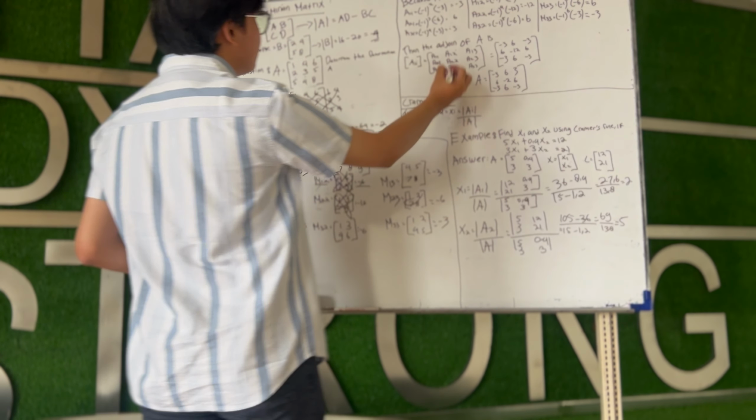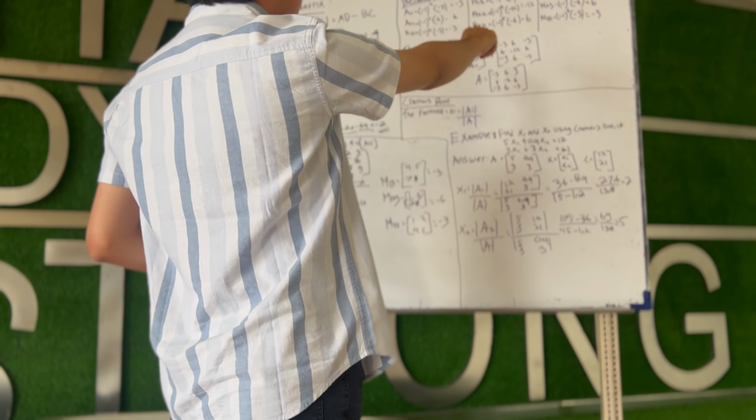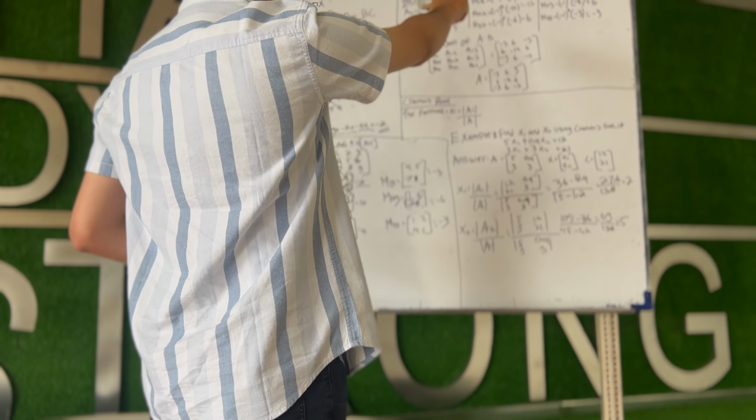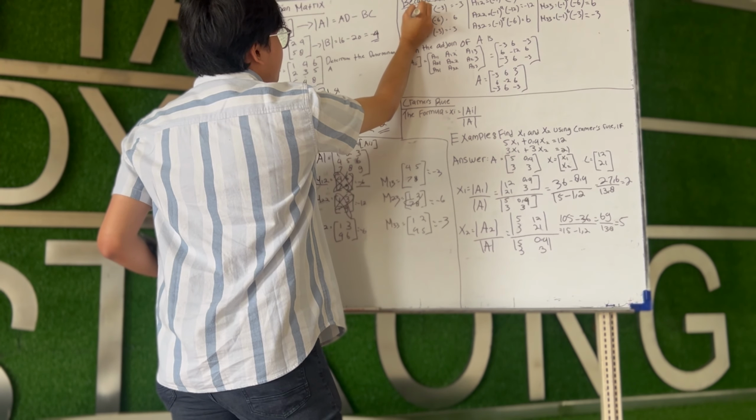And the next is the cofactor signs: adjoint minus 1 plus, minus, plus, then M11.